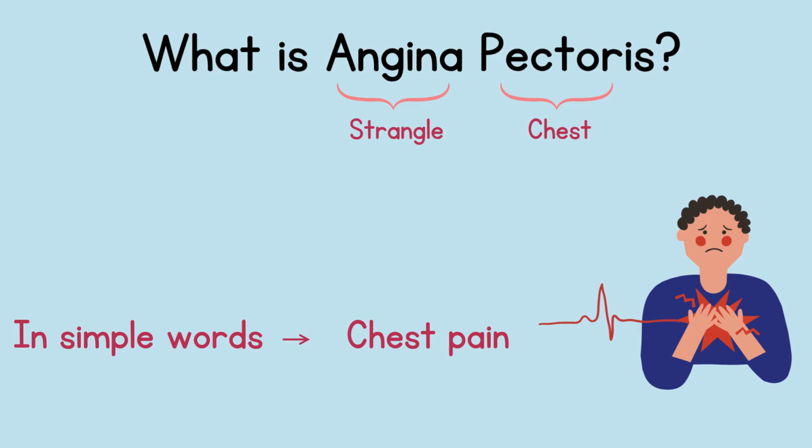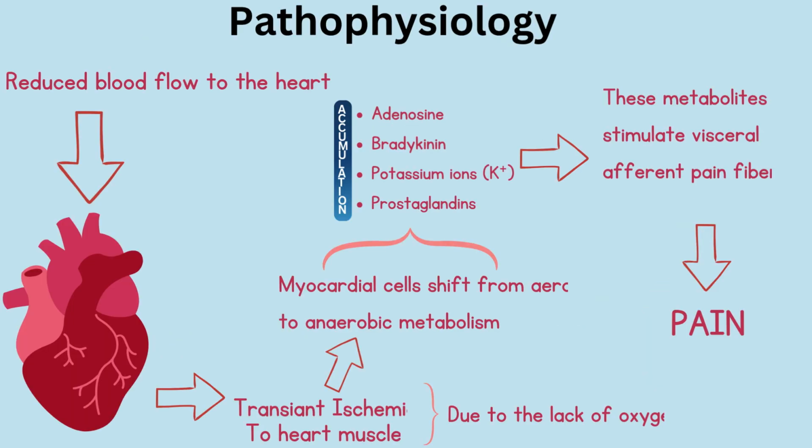So, what exactly is angina pectoris? In simple terms, angina pectoris refers to chest pain or discomfort. It occurs when there is a temporary imbalance between myocardial oxygen supply and demand, resulting in transient ischemia of the heart muscle.